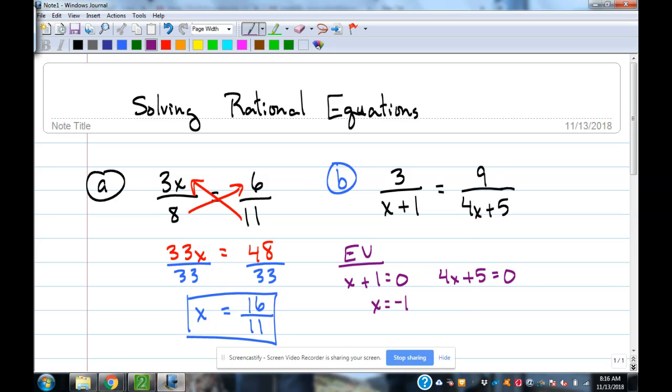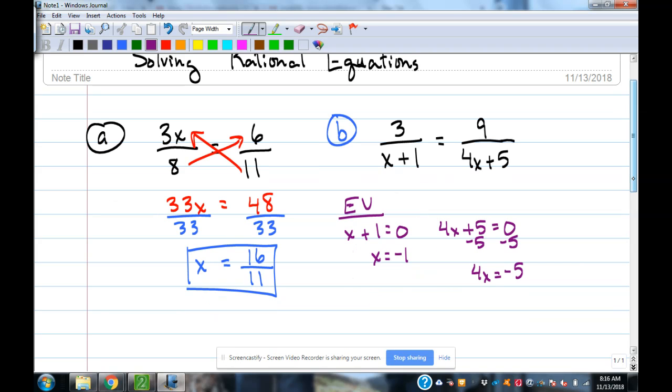And the other one, you subtract 5. You got 4x is equal to -5. And then divide by 4. So another excluded value is -5/4.